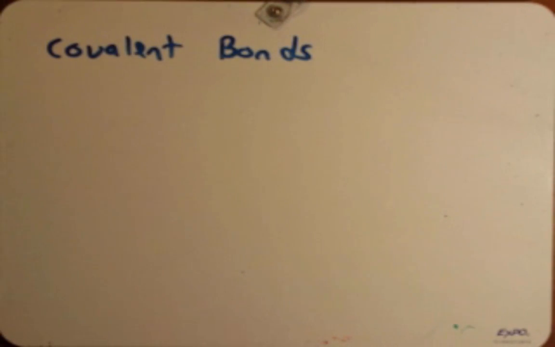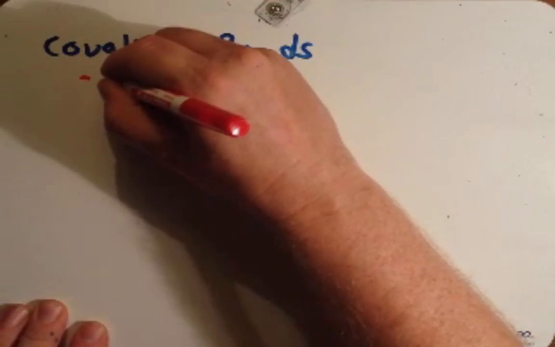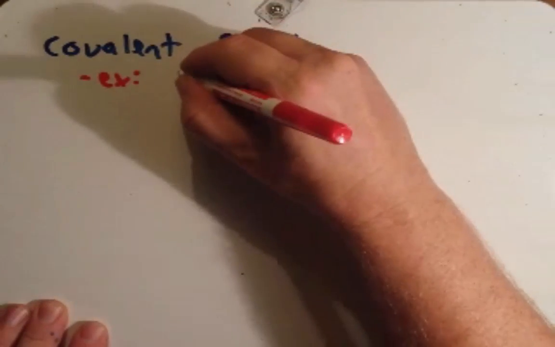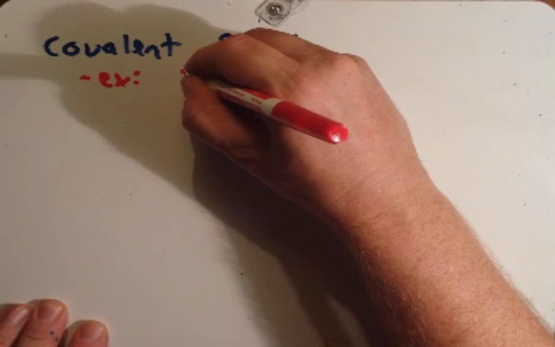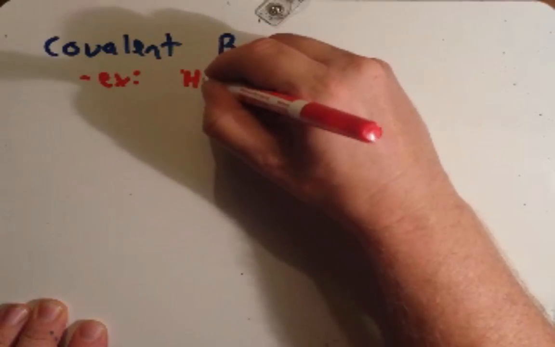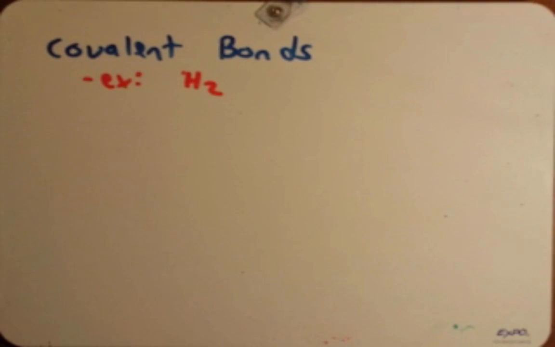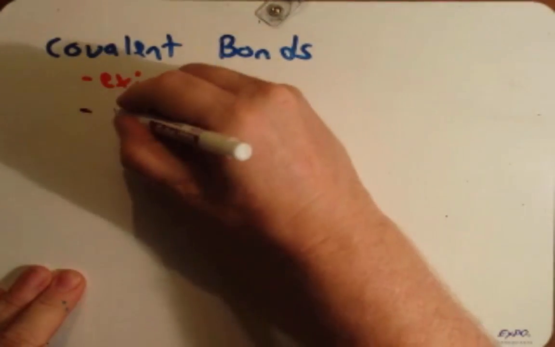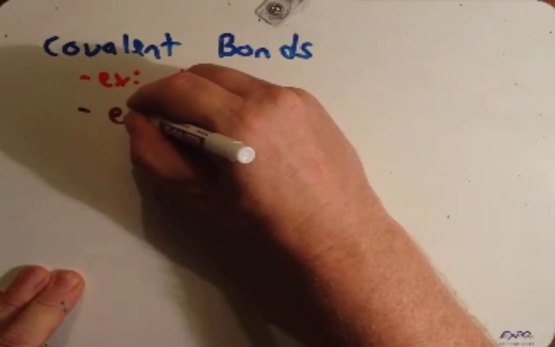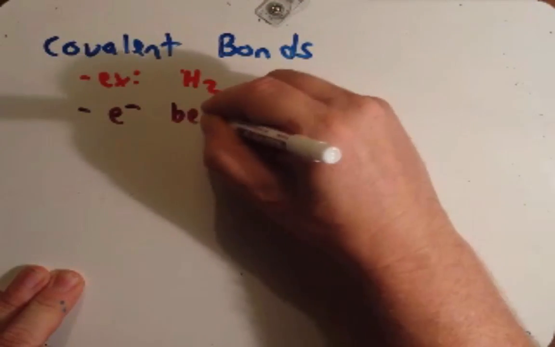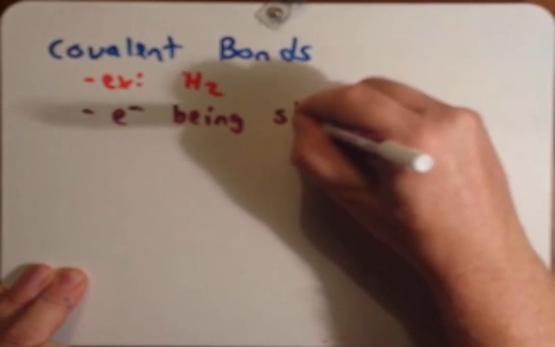that we're going to talk about. In talking about covalent bonds, let's talk about an example of molecular hydrogen, when 2 hydrogen atoms come together. A key feature of a covalent bond is that they form due to electrons being shared.